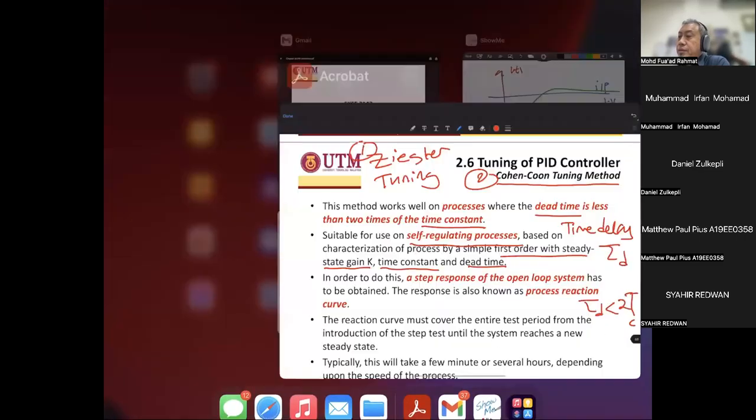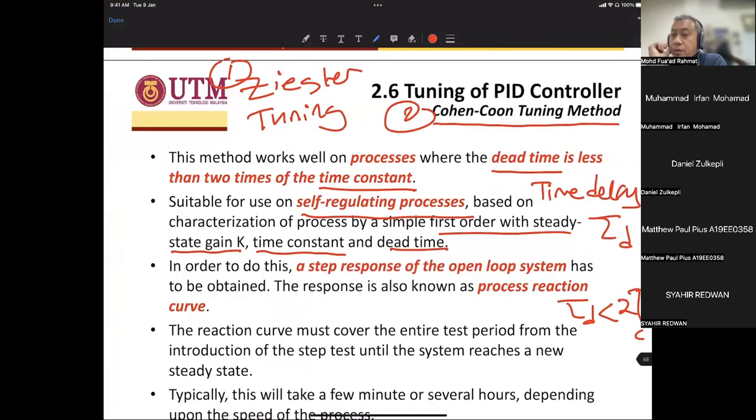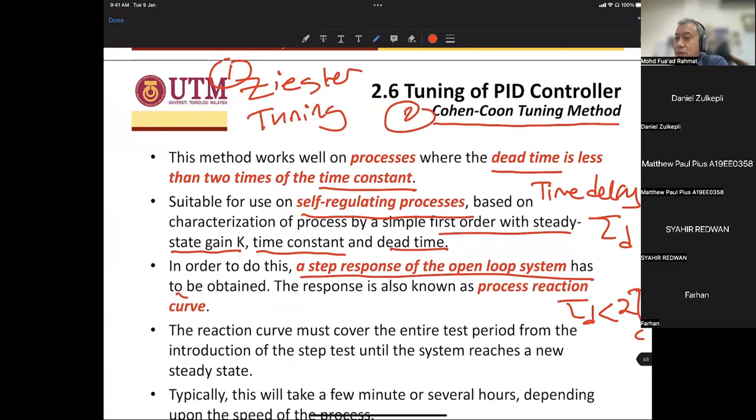In order to do the Cohen-Coon tuning method, a step response of the open loop system has to be obtained. The response is known as the process reaction curve.